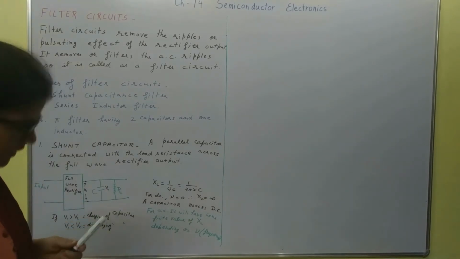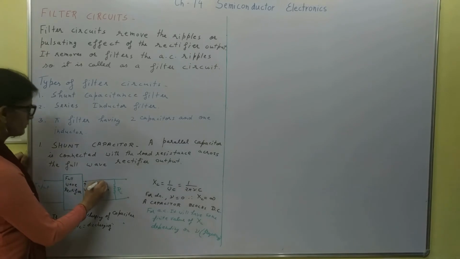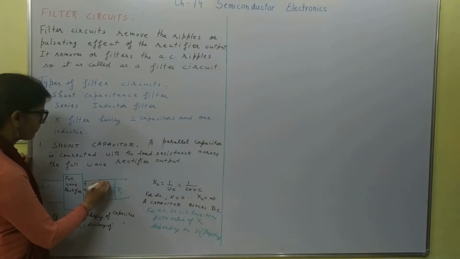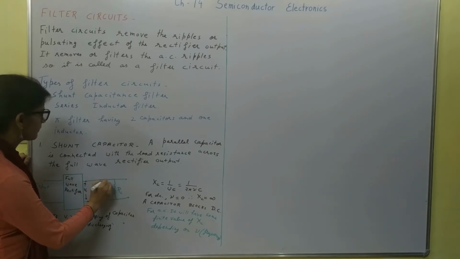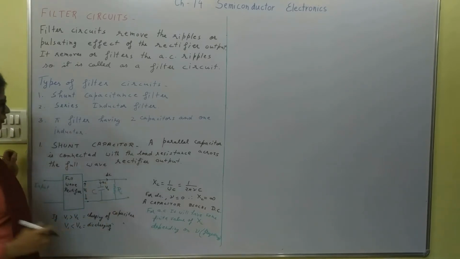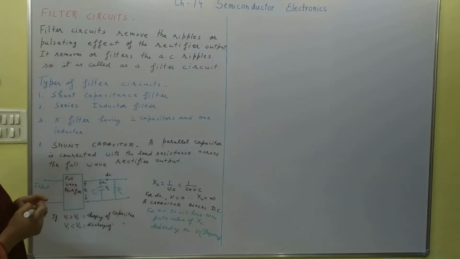So what will happen is that here only AC, this is for understanding, so I'm just mentioning here only AC. So the remaining part, that is DC, will flow through this and it will flow across the load resistance.